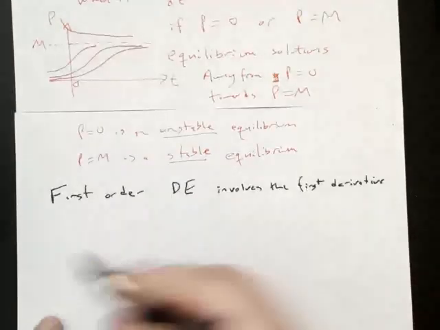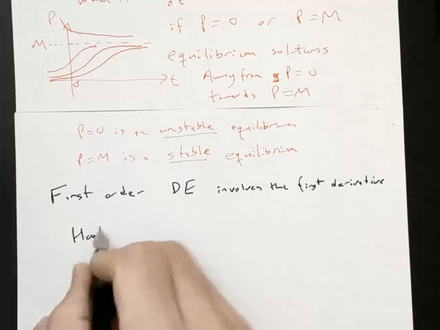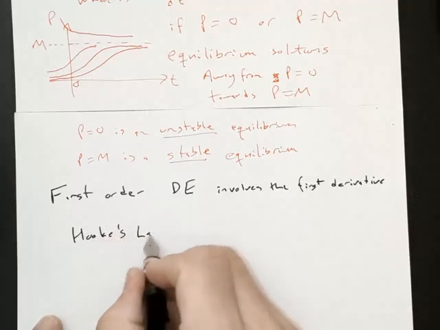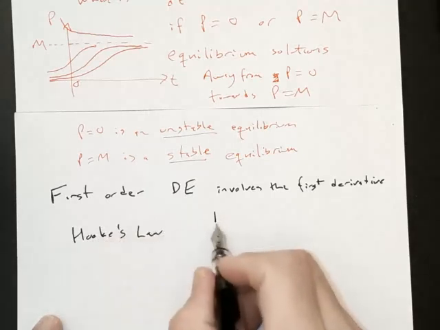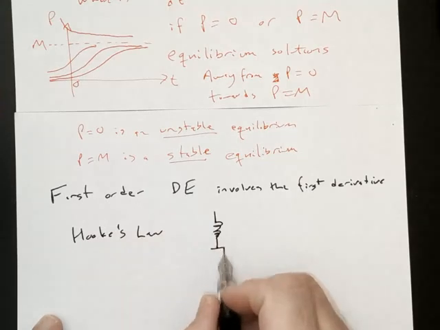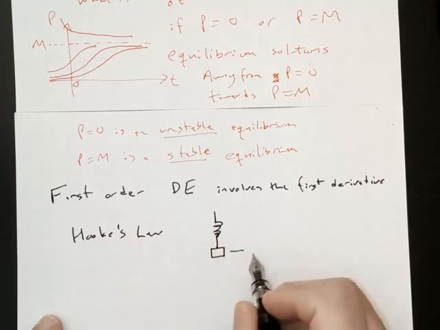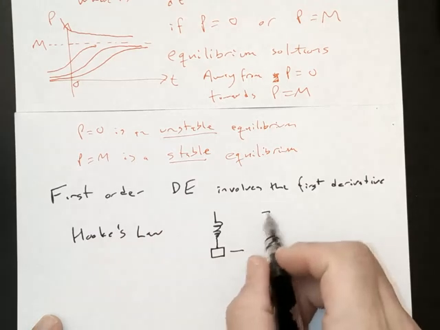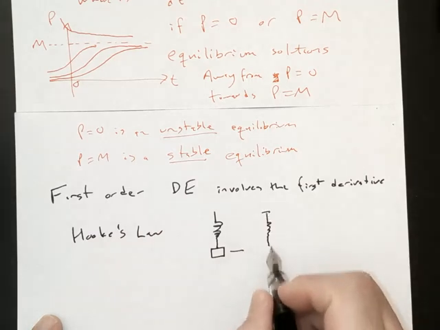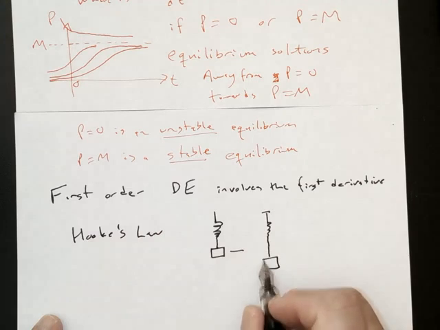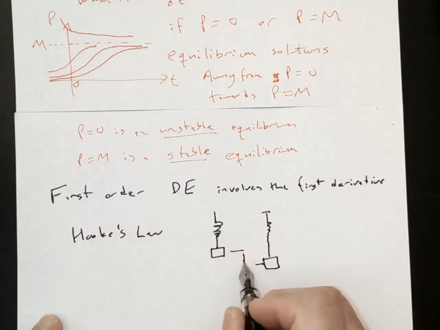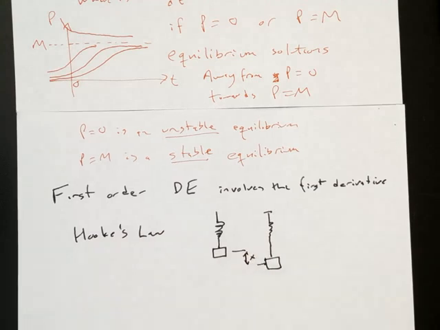And Hooke discovered that if you take a spring and you put the weight on it, it stretches to a new place, we'll call that distance x.